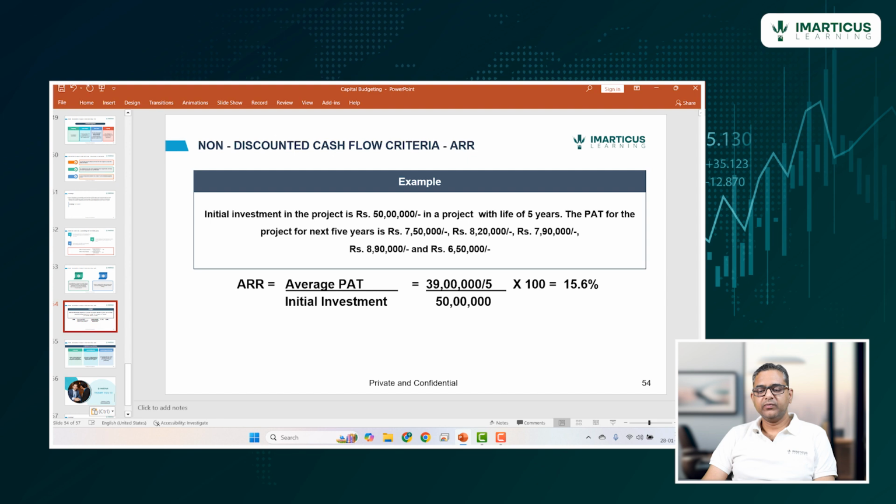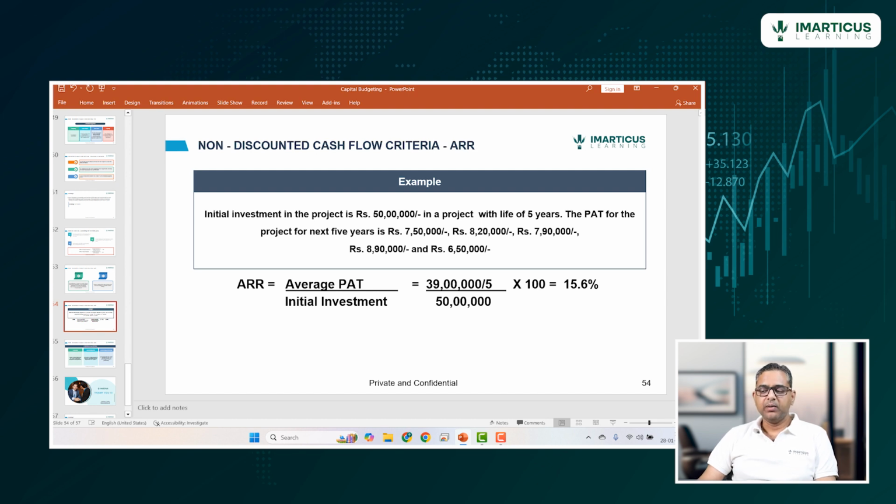So what we'll do is calculate the average of these values. The average of the PAT we got for 5 years, upon 50 lakh, will give us the accounting rate of return, which comes out to be 15.6%.